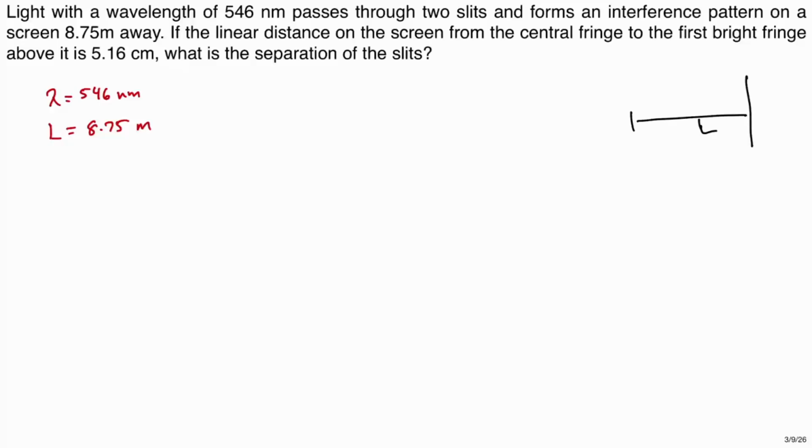I usually don't draw the waves in because it just confuses me. What's the 5.16 centimeters? That's the y. They said the distance on the screen from the central fringe to the first bright fringe. There's a lot of words.